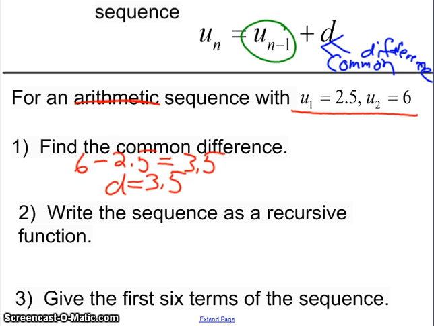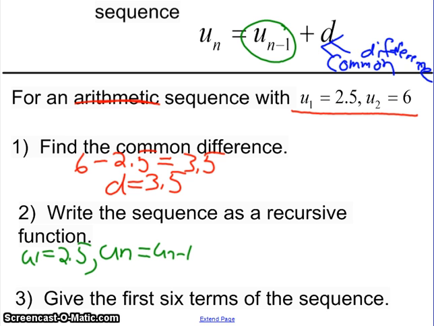Write the sequence as a recursive function. Remember from section 1.2 that there are 3 steps to writing an expression recursively. You have to state the first term. The first term is 2.5. Then you put a comma. And then we're going to state the nth term based on the previous term, based on u sub n-1.